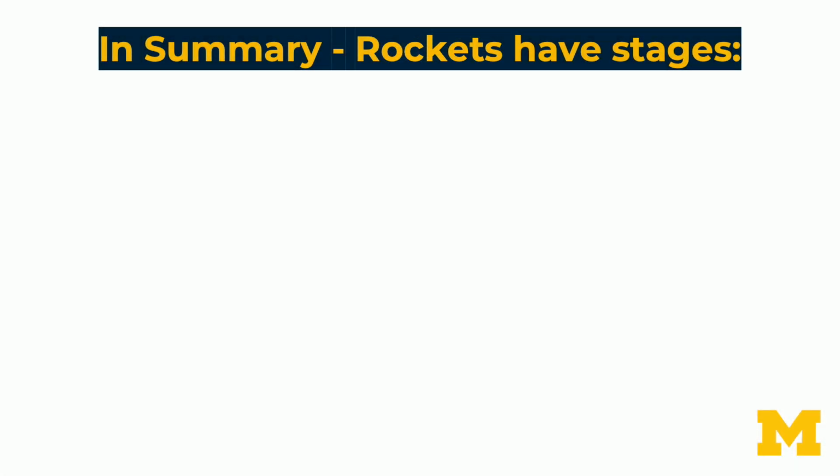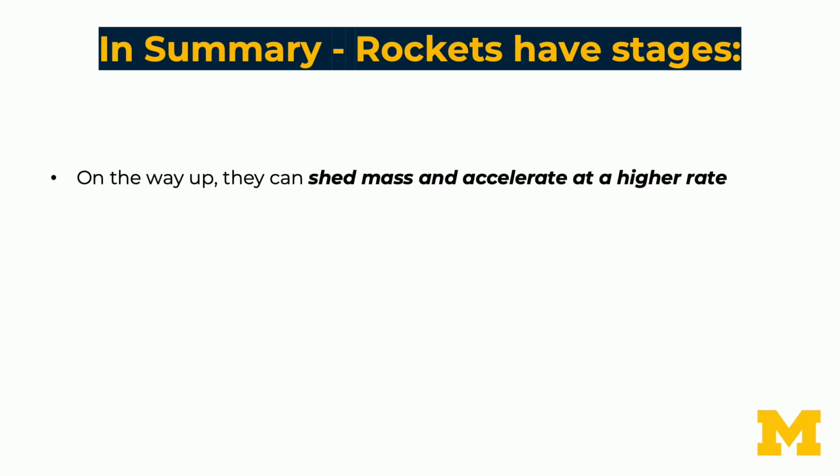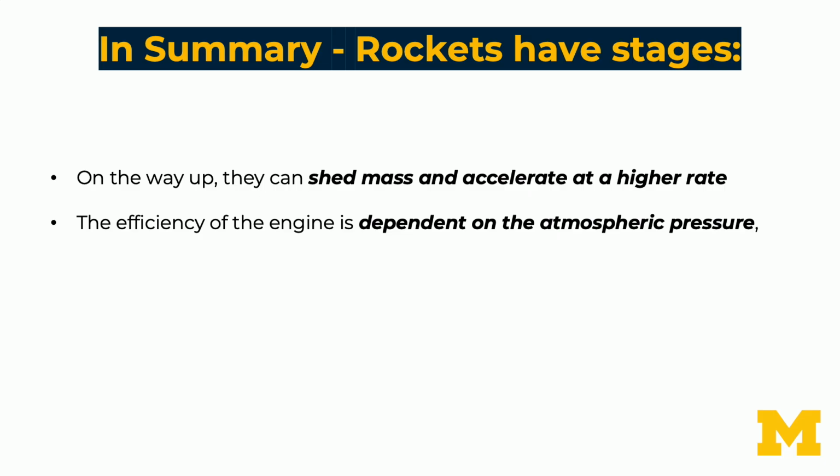So, in summary, rockets have stages so they can shed mass and accelerate at a higher rate. They also do that because the efficiency of the engine is dependent on the atmospheric pressure. So when you're low down, you use sort of an inefficient engine that's optimized for atmospheres, and then you go up, you get rid of that engine, and you change to one that's optimized for vacuum.